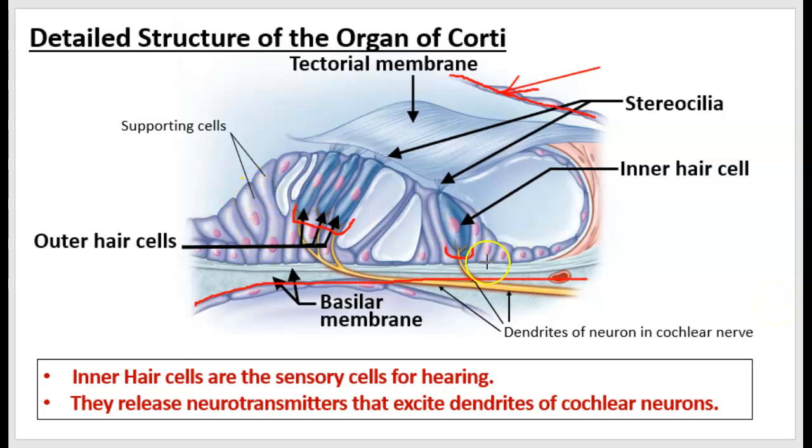There's also some supporting cells in this organ of Corti that's sitting on top of the basilar membrane. Notice that the hair cells have that stereocilia that we identified already. And then there's one other structure that's interesting, and it's called the tectorial membrane.